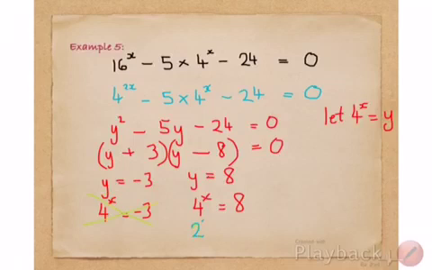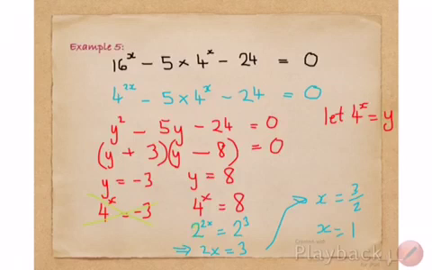So 2 to the power of 2x is equal to, and we know that 8 can be written as 2 cubed, and then because my base is the same, I can therefore say that 2x is equal to 3, which means that x is equal to 3 divided by 2, or x is equal to 1.5. And that's it, you're done, or 1.5.